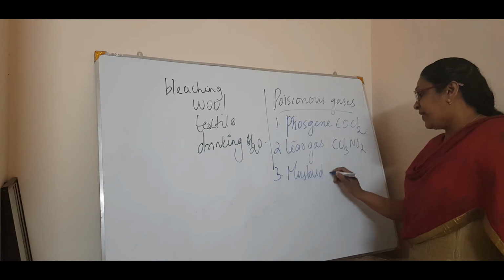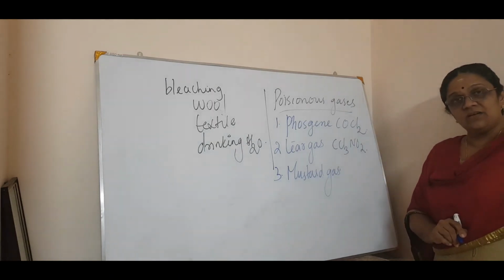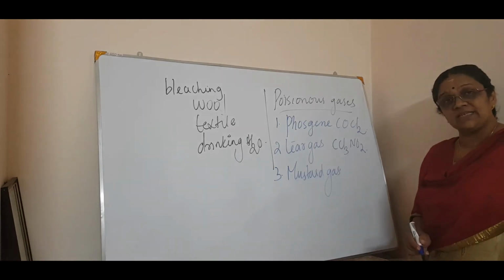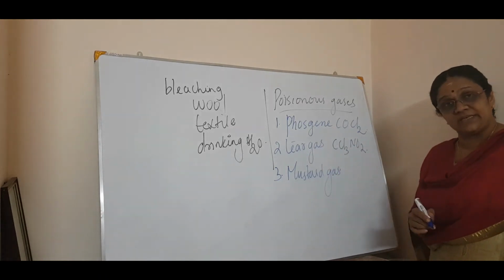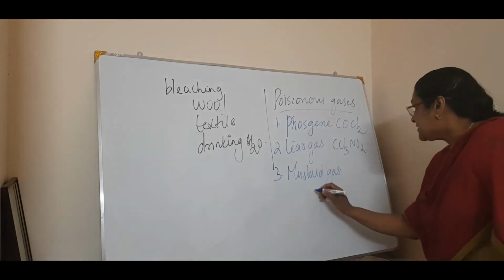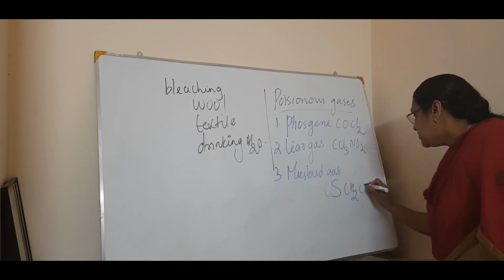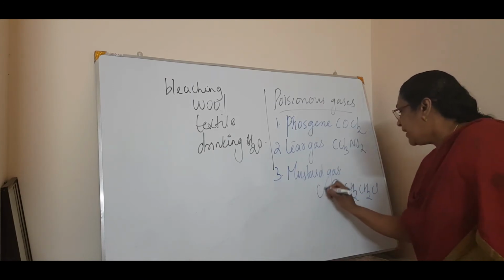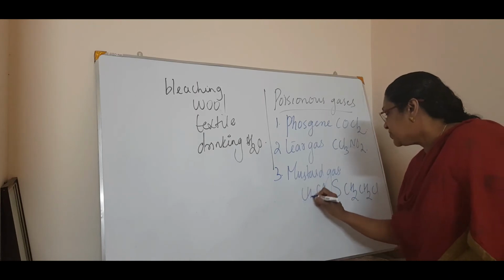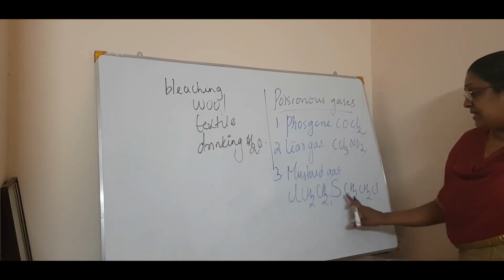Why I am writing this is, sometimes the question can be asked: write the formula for mustard gas, or for tear gas or phosgene. Phosgene you will study in organic, don't worry. For mustard gas, the formula is: sulfur is there, with CH2CH2Cl on either side.